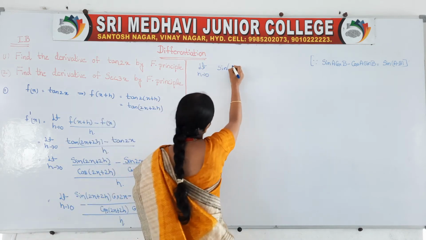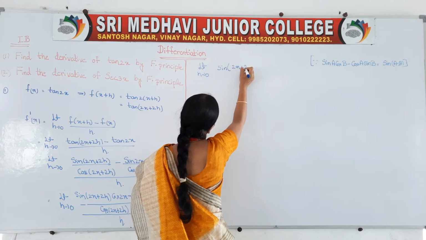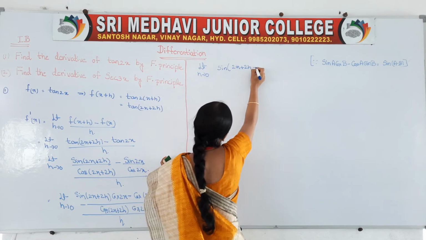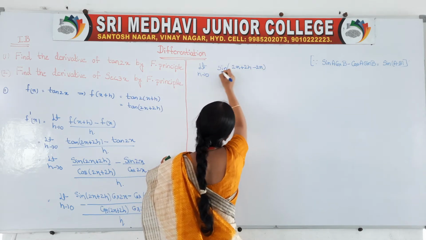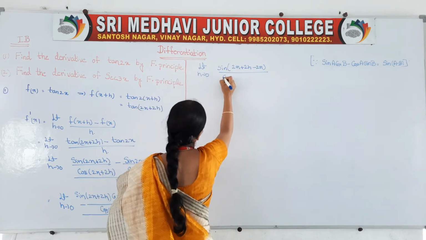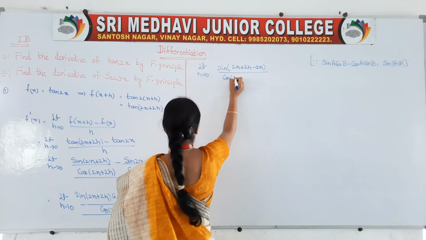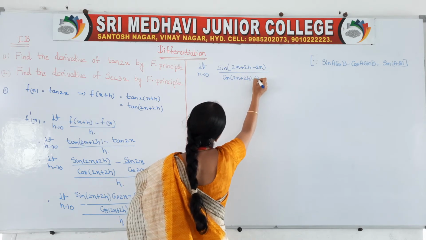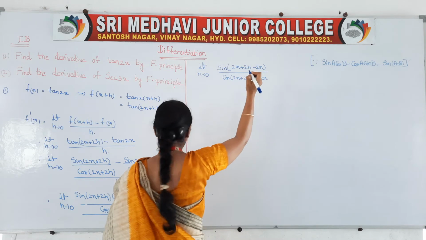A is 2x plus 2h, minus b. What is b? Minus 2x. Divided by cos(2x plus 2h) into cos 2x. This h comes upwards.